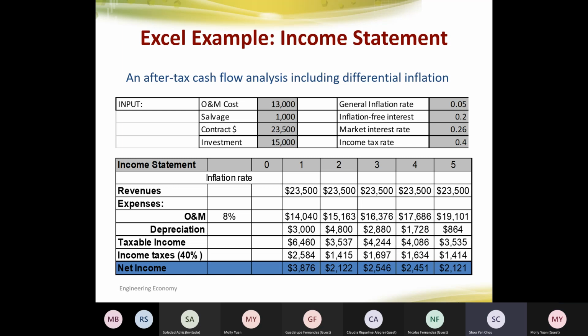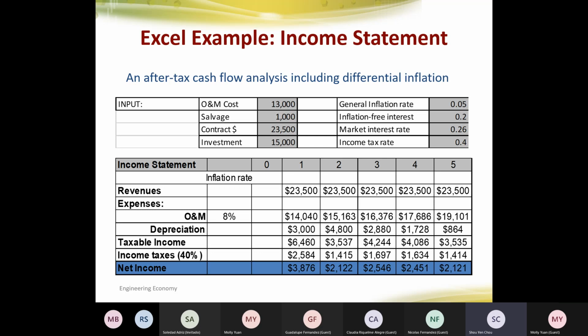So if we do extra dollar, we have revenue. Let's just say there's an inflation rate of 8%. So the operation and maintenance costs will be this amount, an 8% increase every year. And the depreciation will not change.